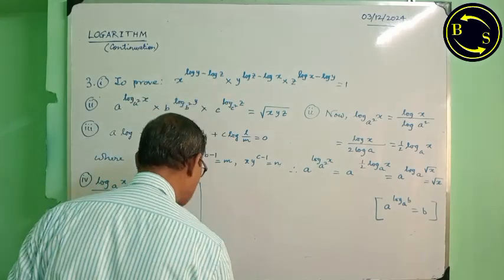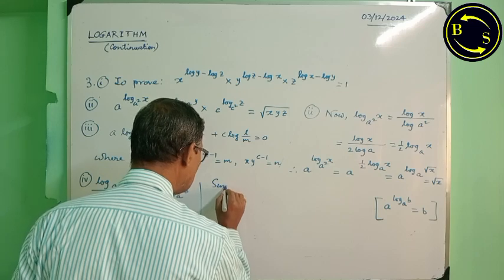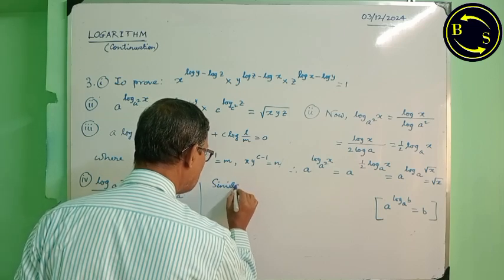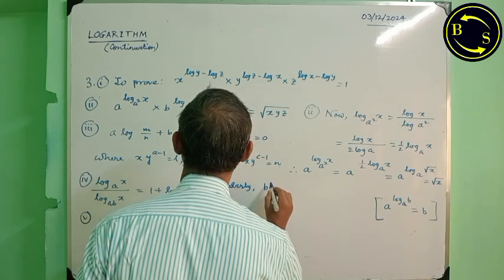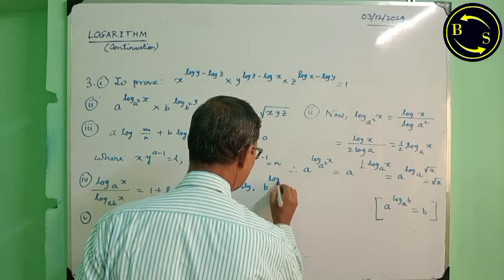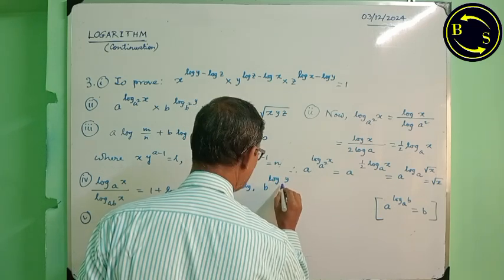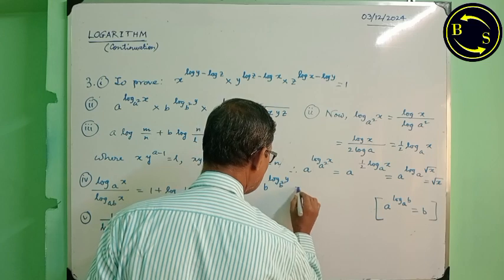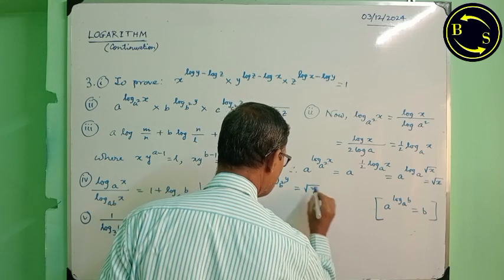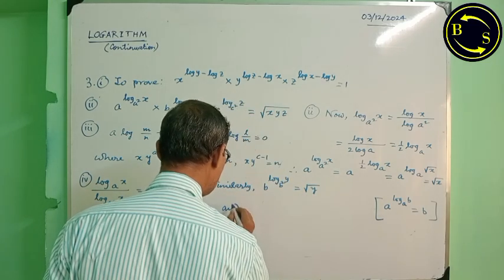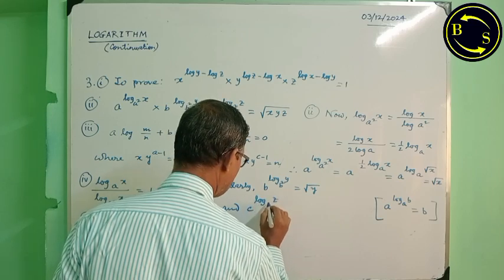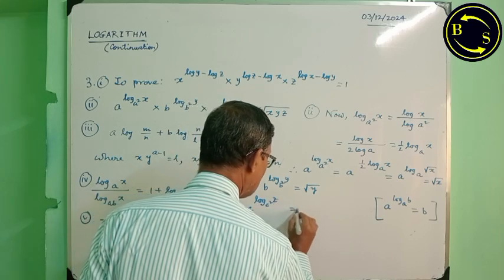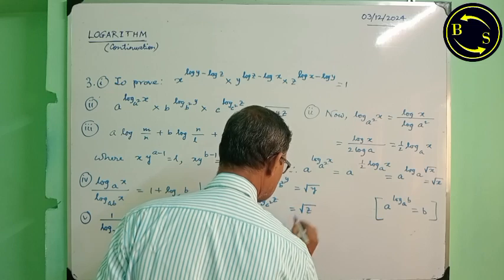Similarly, I mention here b to the power log of y to the base b square is equal to root y, and c to the power log z to the base c square equal to root z.